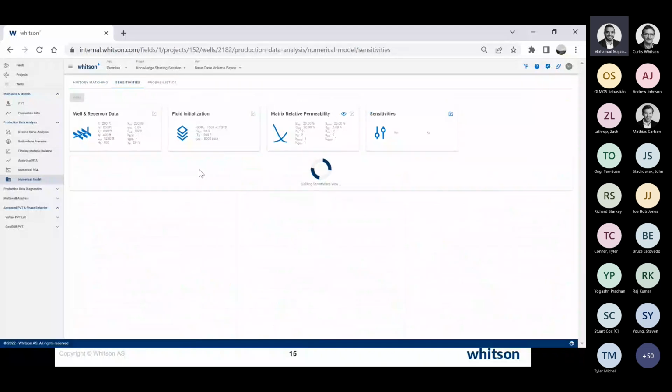What I've done in this case is take a model and change its permeability from, I think, 2 nanodarcy up to 20,000 nanodarcy, controlling all the time on the same bottom hole pressure without anything else changing.